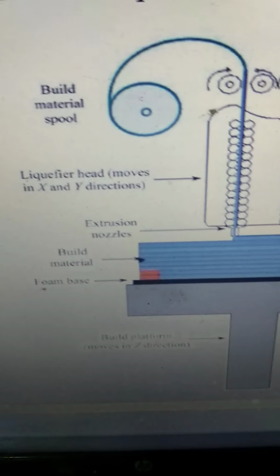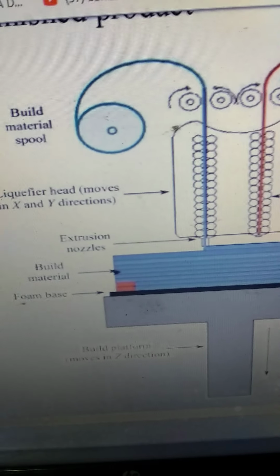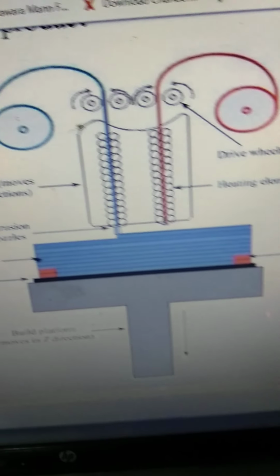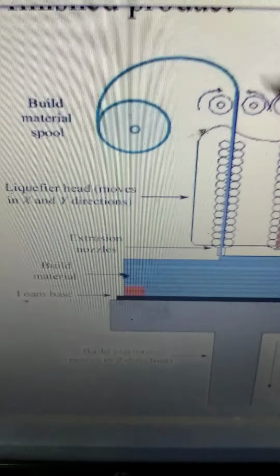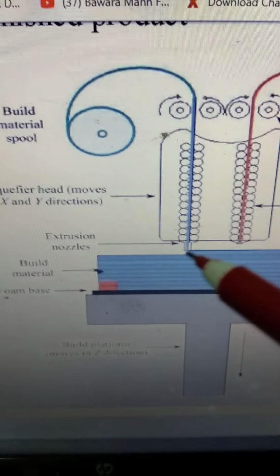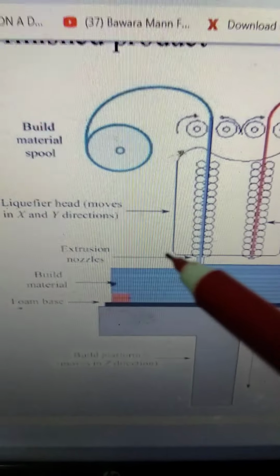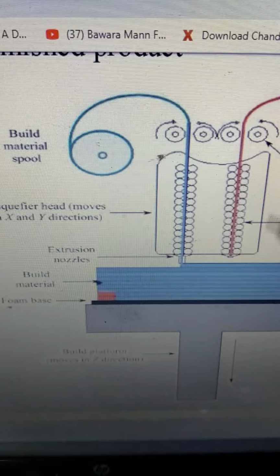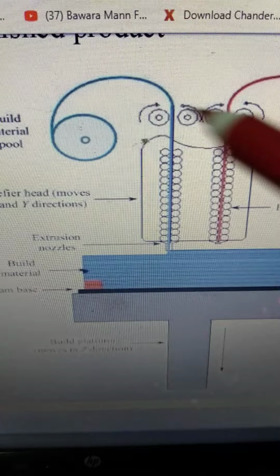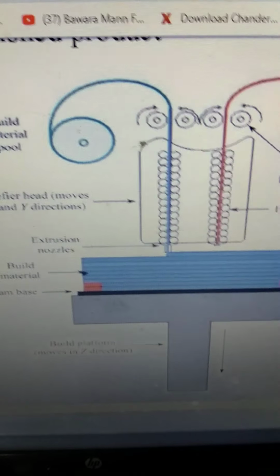Over here you can see the schematic diagram of this process. These are the drive wheels. These are the extrusion nozzles. These are the liquefier head, which can move in the XY plane.